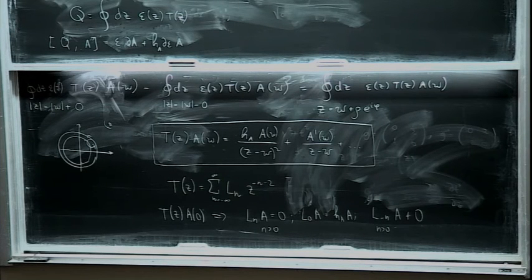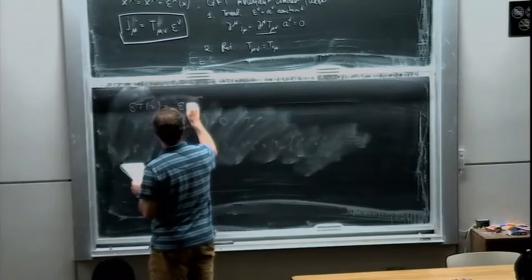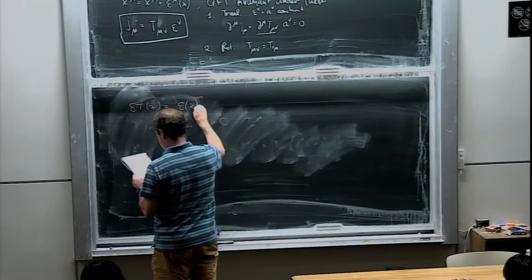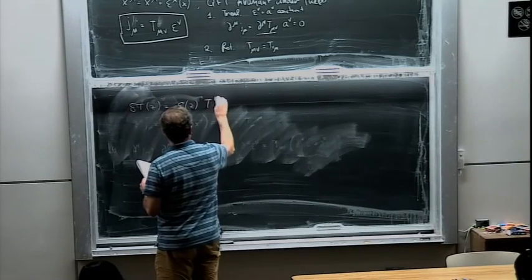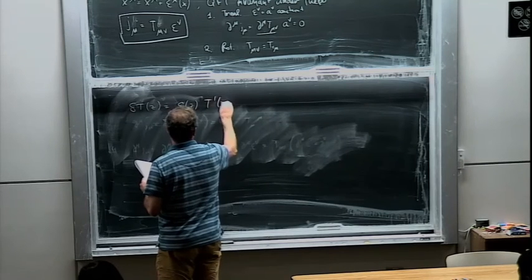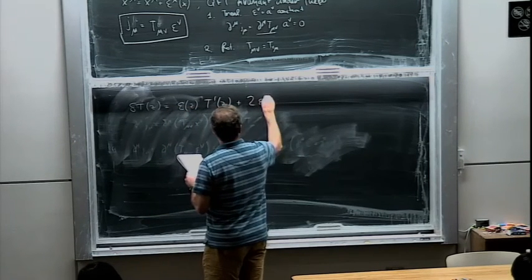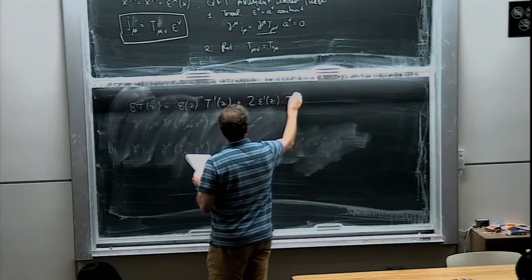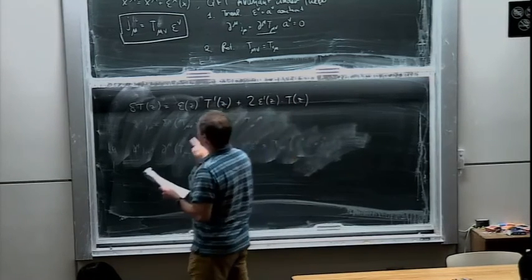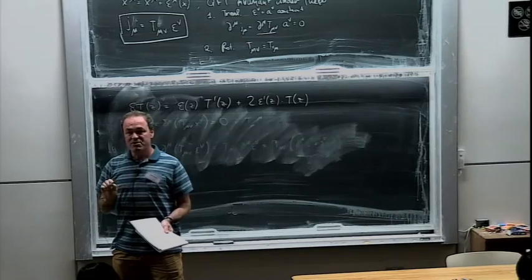And so that tells us that we should write down the following transformation law of the stress energy tensor. It's the same as there, except h is 2. That's the only difference. So we'll write epsilon(z) dT, or I guess T prime, well, the same thing, of z plus 2 epsilon prime(z) times T(z). So that would be the law if T was just a primary field of dimension 2.